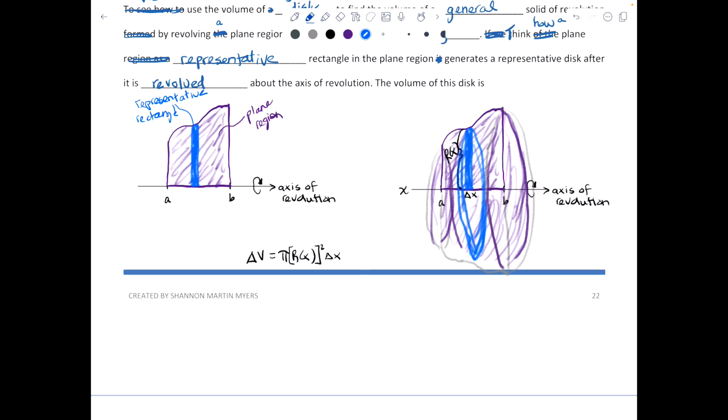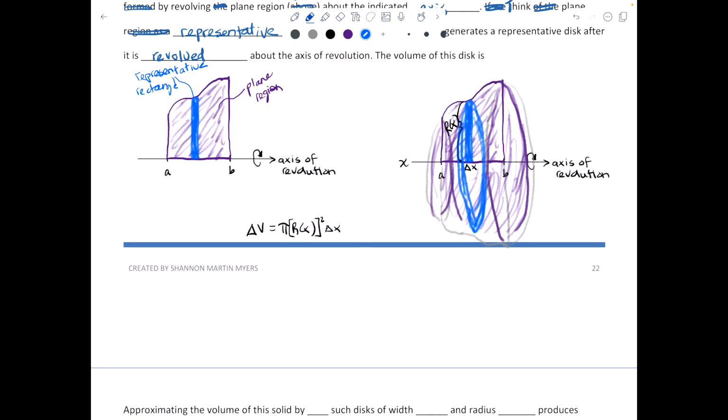So again, remember how I said like slicing up that banana or the tomato. All right, so one disk would be this representative volume, made by rotating the representative rectangle about the x-axis in this case.